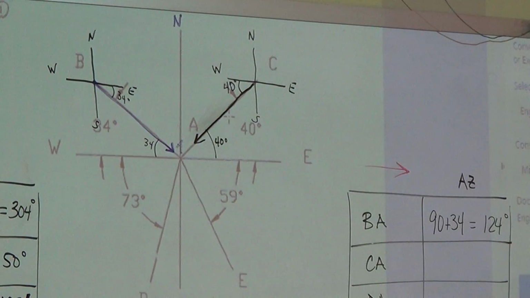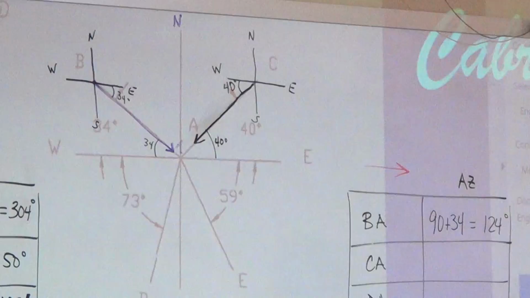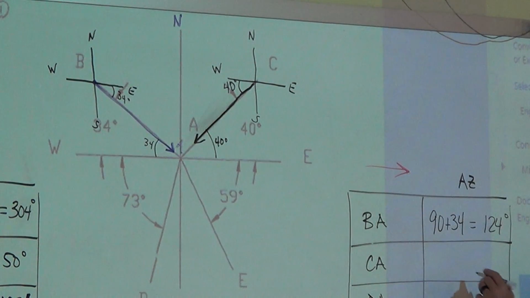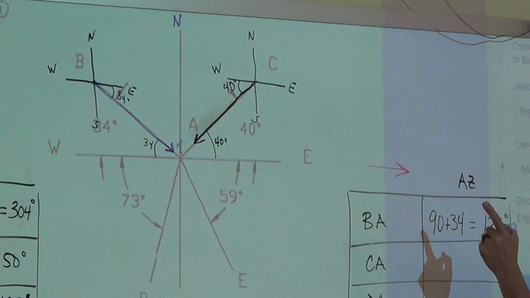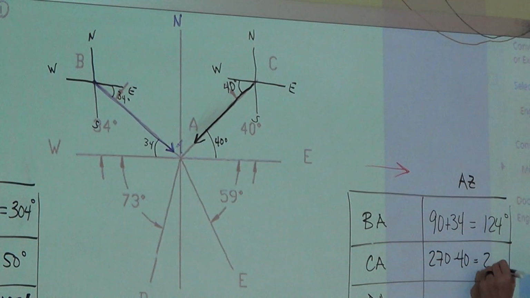What's my azimuth? Okay, so let's see, I would do 270 minus 40, so it's 230. Kevin, okay? Okay, Kevin, how about the next one?